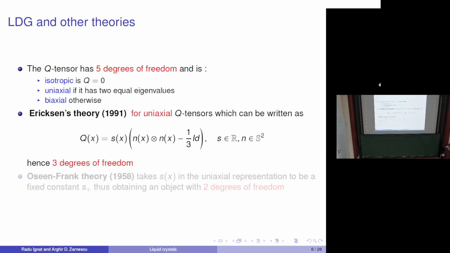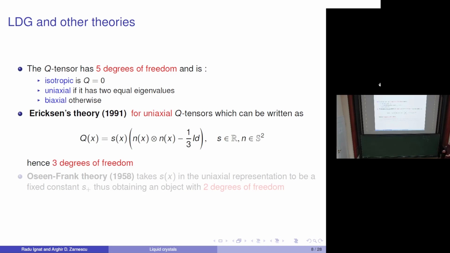He said, well, basically most Q-tensors are uniaxial, so you can play a bit with linear algebra and say that if you have 2 equal eigenvalues, then you can write the matrix in this special form, namely as a scalar S times a matrix which has this very special form, n tensor n minus 1/3 of the identity, where n is a unit vector.